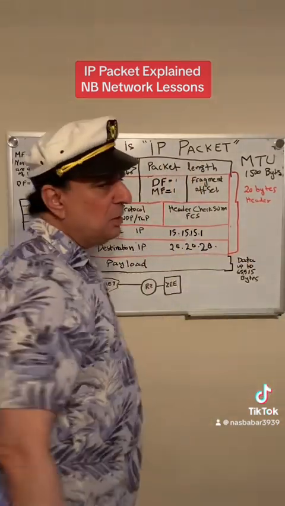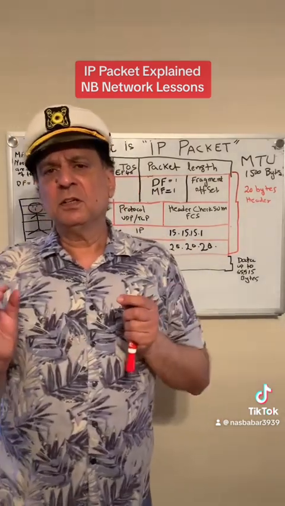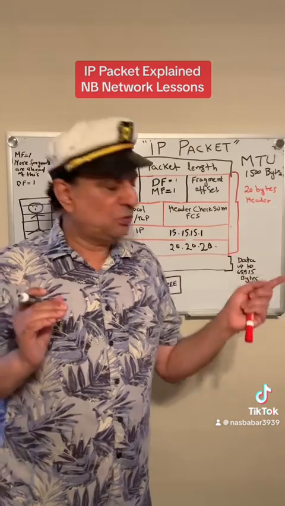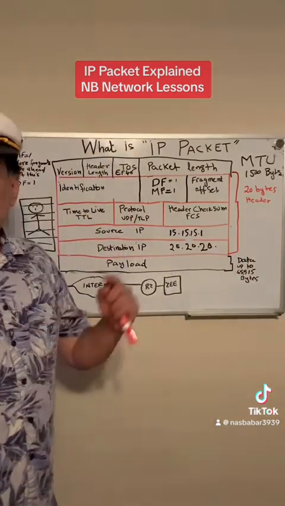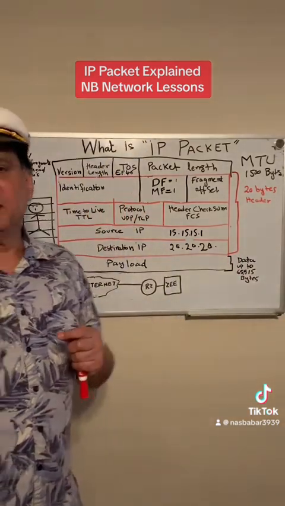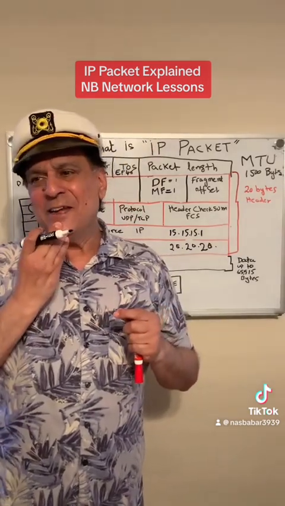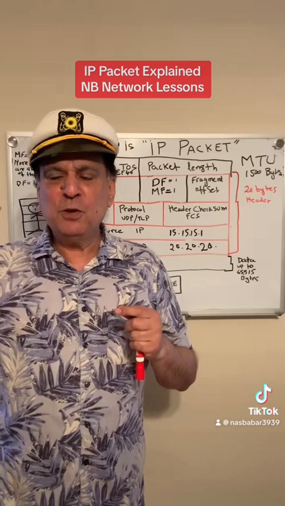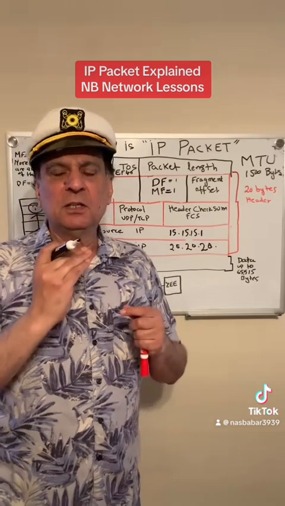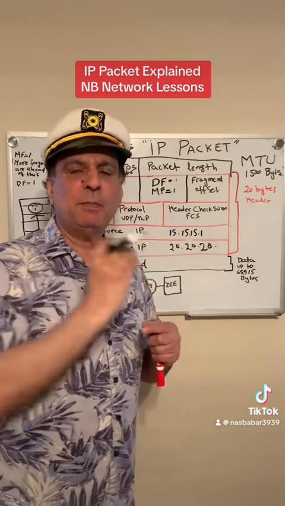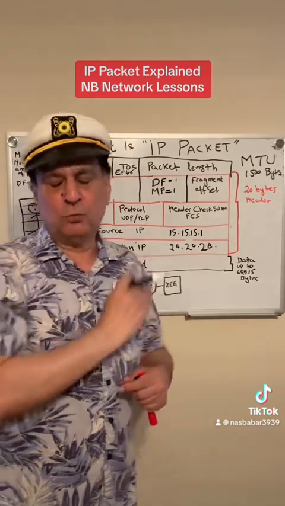Header checksum: when you are sending packets, there is a checksum also. That checksum is validated by the receiver, in this case Z. Z's computer is going to validate that through the TCP stack. When you send IP packets, they are sent like IP packet 1, IP packet 2, IP packet 3, 4, 5, and so forth.